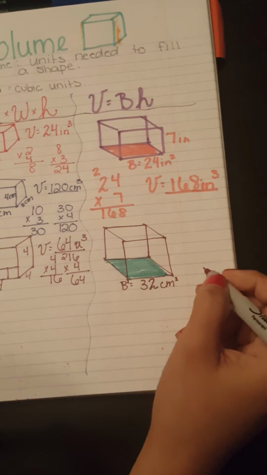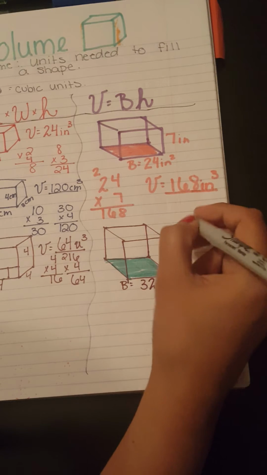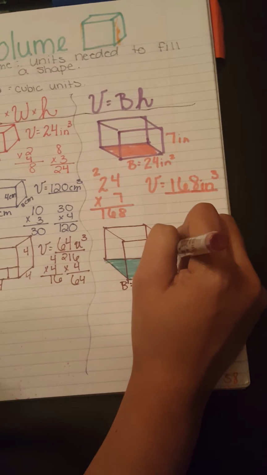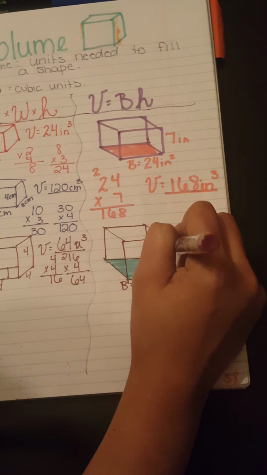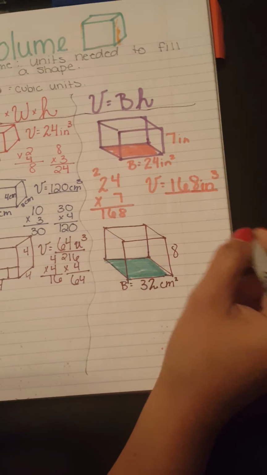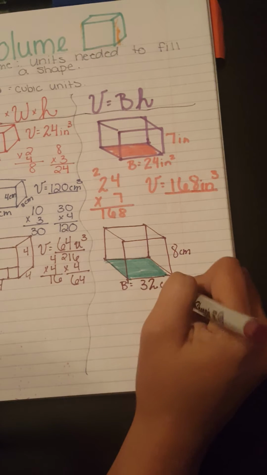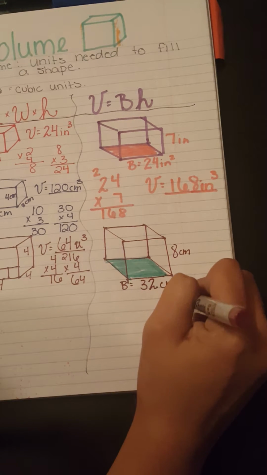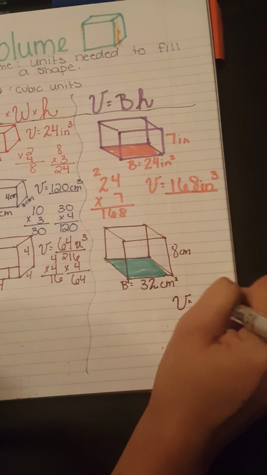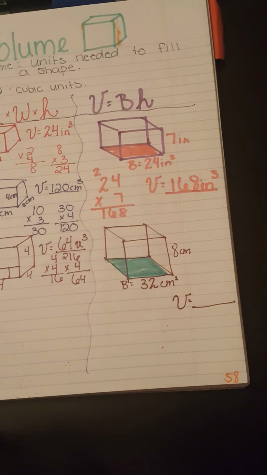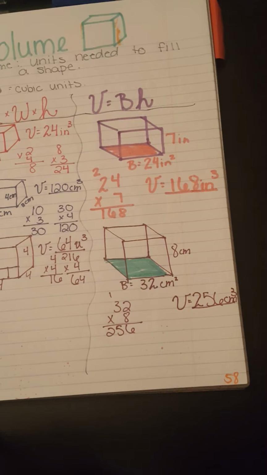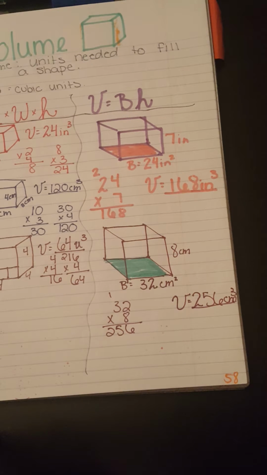And the height, the number of layers that it has, let's just say it's 8 layers. What is the volume for this shape? Go ahead and pause the video and calculate the volume. For this problem, you should have gotten 256 centimeters cubed.